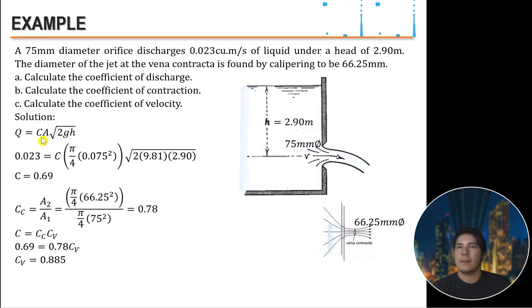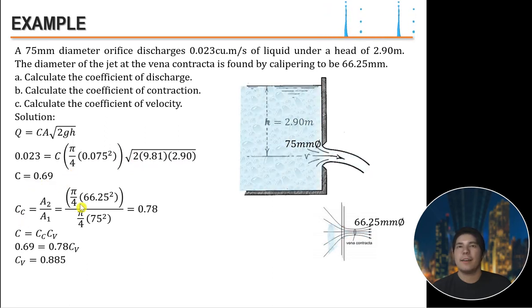So, we have the formula for Q, which is A square root of 2gH. Given Q, we want CD. We know the diameter of the orifice, meaning we can get the area of the orifice. And then we have the square root of 2 times 9.81 times the head of 2.9. Thus, our CD is 0.69.